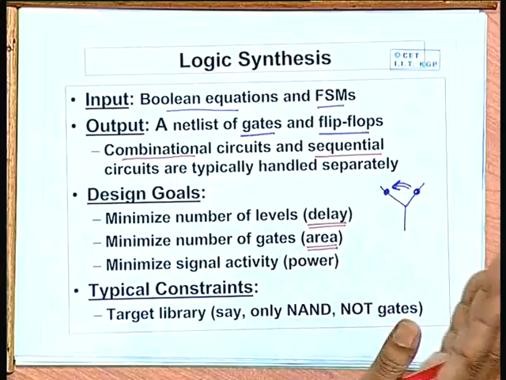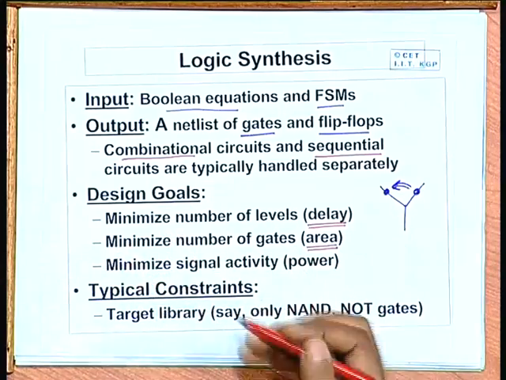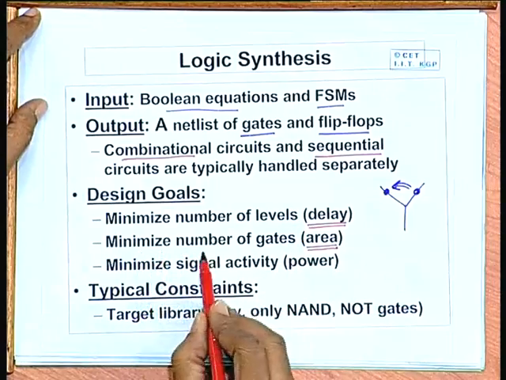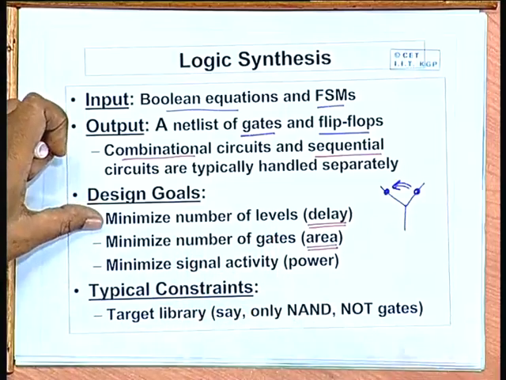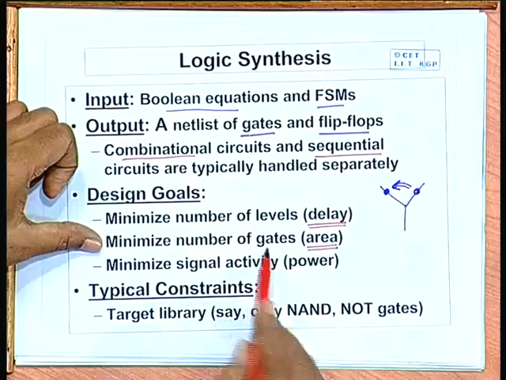So, I want to design my circuit within the smallest area possible. There, our requirement translates into minimization of the number of gates. We are not worried if the number of levels goes up, but we are more worried about the number of gates.